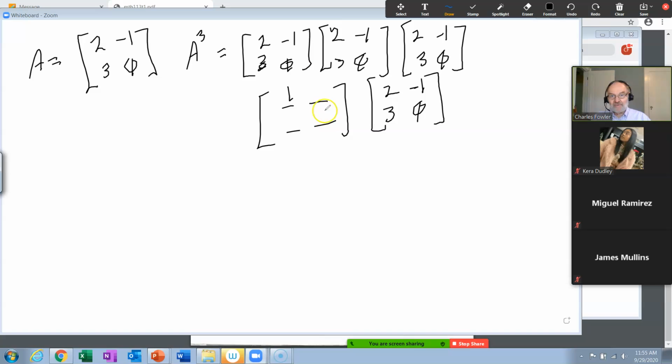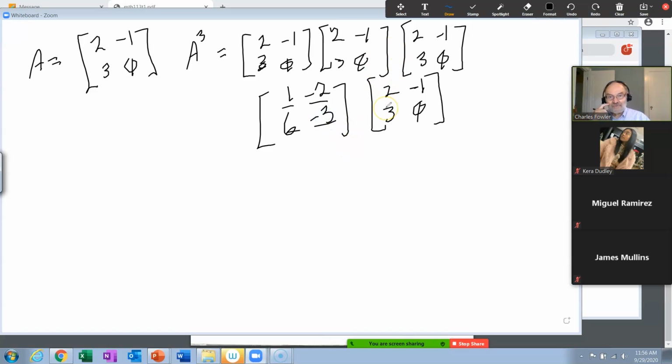The 1,2 entry here would be first row, second column here. That would be a minus 2 plus 0. That would be a minus 2. The 2,1 entry here would be second row here, first column there. That would be a 6 plus 0 is 6. And then the 2,2 entry here, second row, second column, and that's a minus 3.